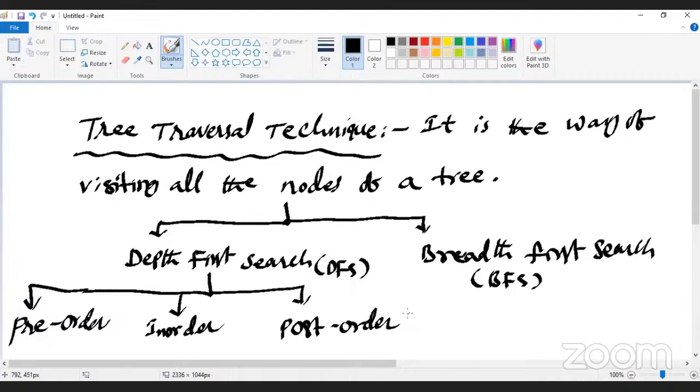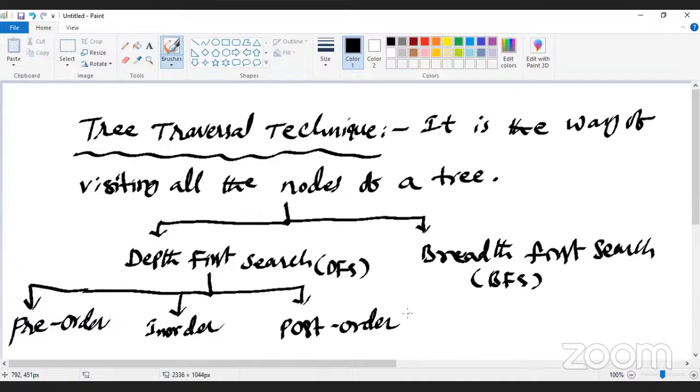What is the last one? Post-order. Yes, you have to remember this order. Pre-order is the first, in-order is the middle, and post-order is the last.